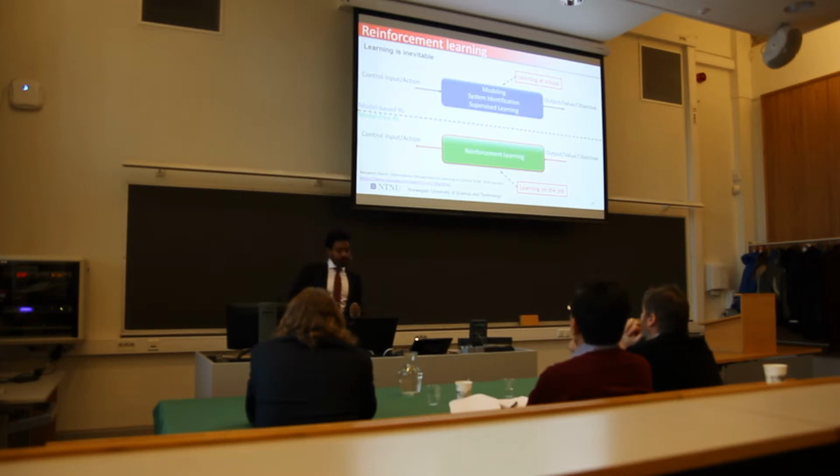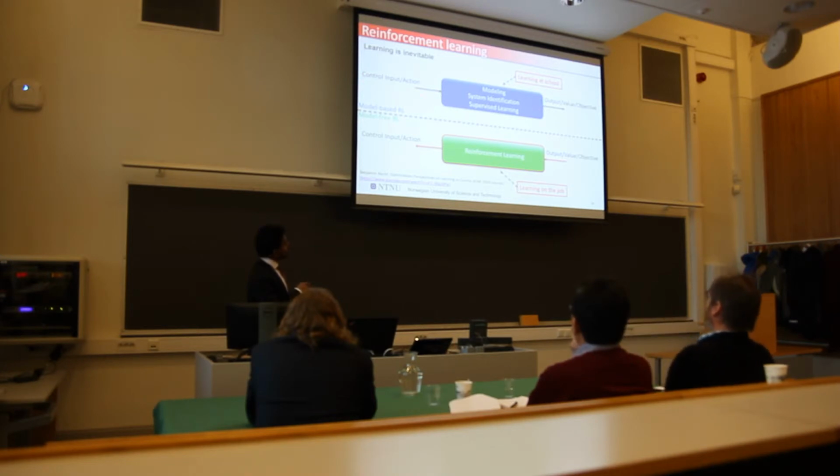Well, reinforcement learning can be divided into model-based reinforcement learning or model-free reinforcement learning, and then it depends on which direction you want to learn things. Whether you want to learn how your outputs are affected by your inputs, so you provide the inputs and you learn how the outputs or values or objective are affected.